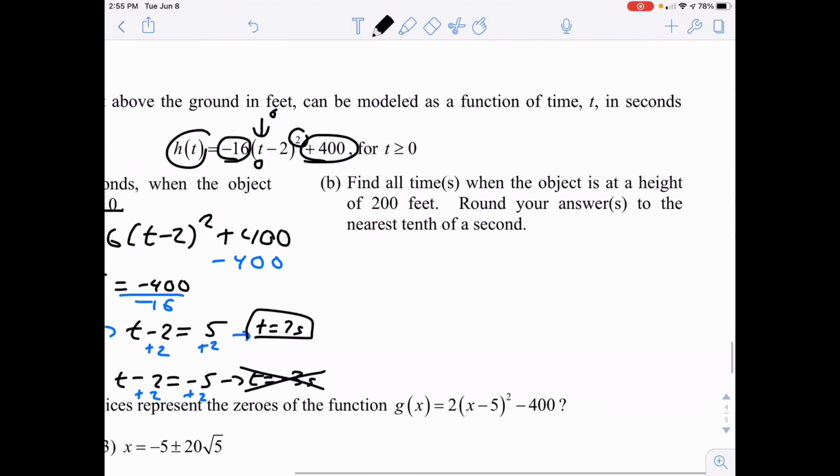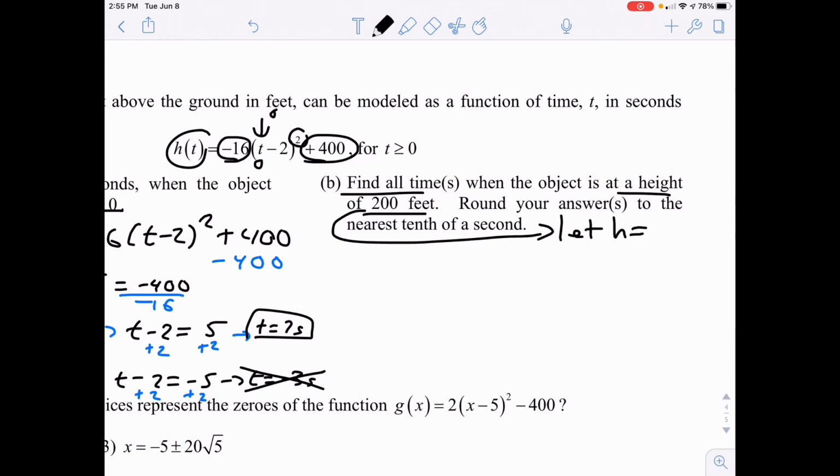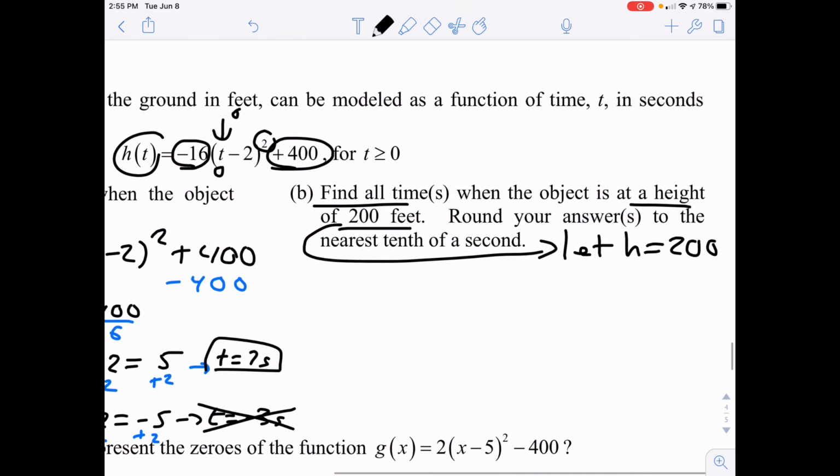For part B, find all the times when the object is at a height of 200 feet. Well, what this simply means is let h equal 200 and then solve. So if our equation is negative 16 times t minus 2 squared plus 400 equals h, I'm just reversing the order of the equation here. I'm going to replace h with 200.